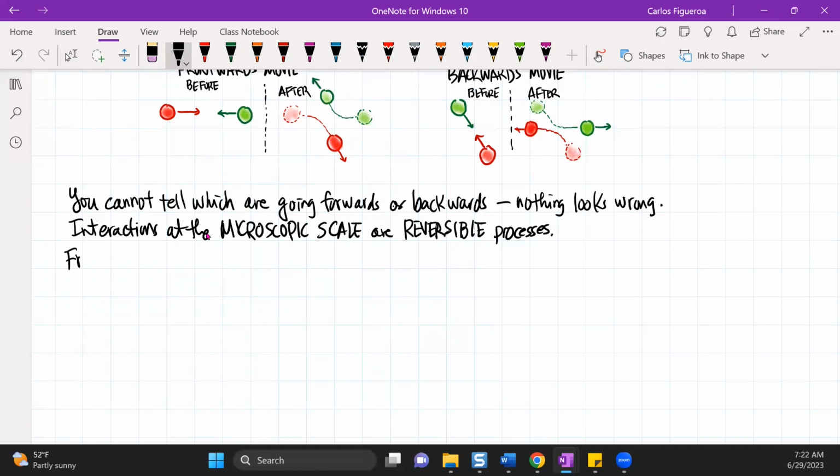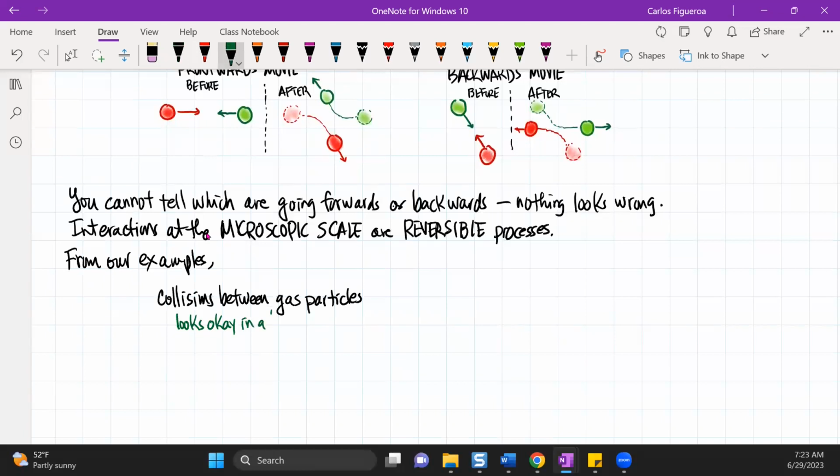So now from our examples, I'm going to say here that collisions between gas particles, and again, this looks okay in a backwards running movie, versus cars crashing into walls.